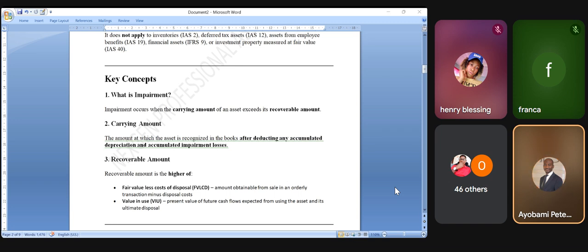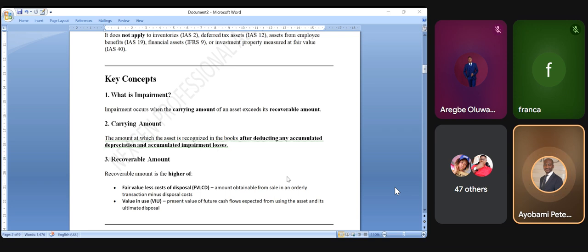And then they give us the fair value less cost to sell of the asset to be 450,000 naira. And we're also told that the value in use of that asset as of today is 460,000 naira. Class, which one will be our recoverable value?